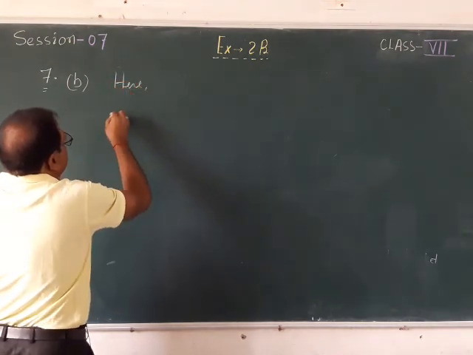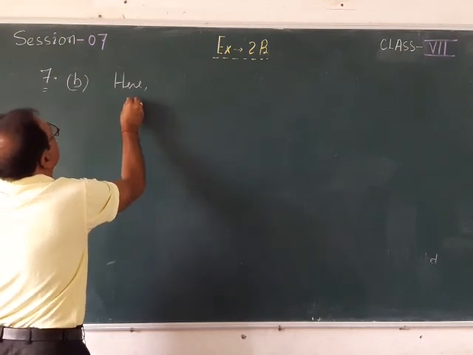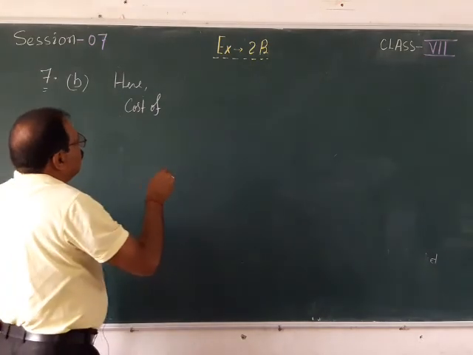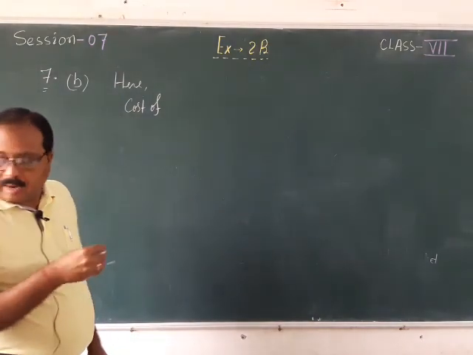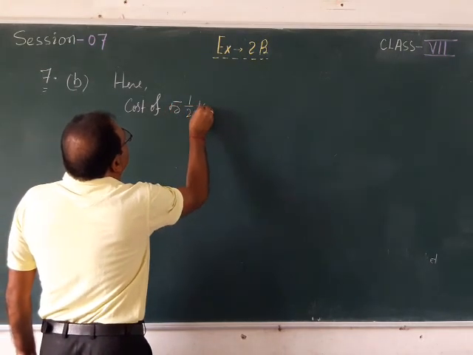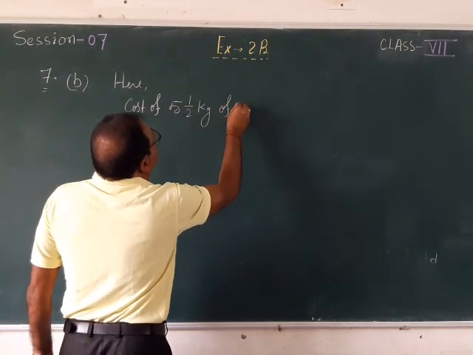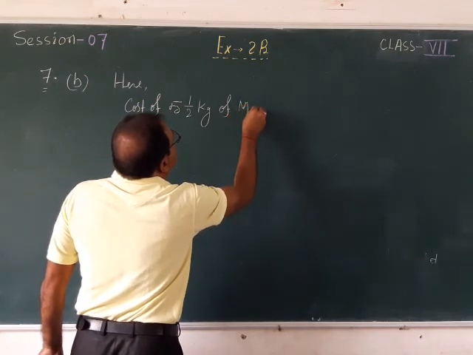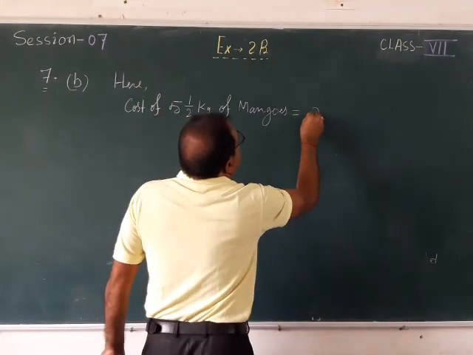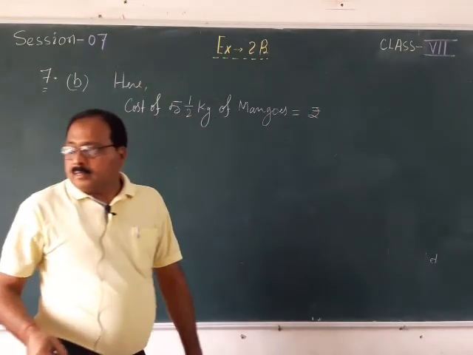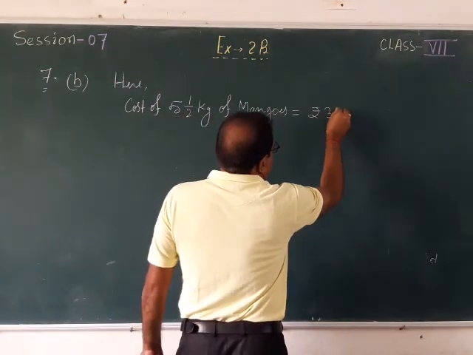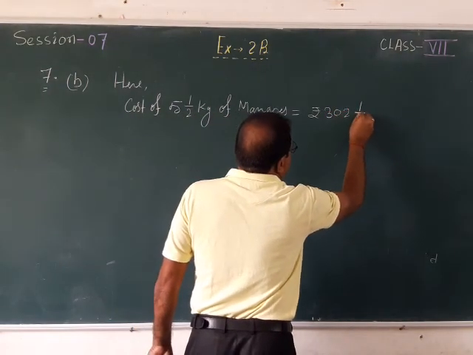Here you have the cost of 5.5 kg of mangoes, which is given, that is rupees 302.5.